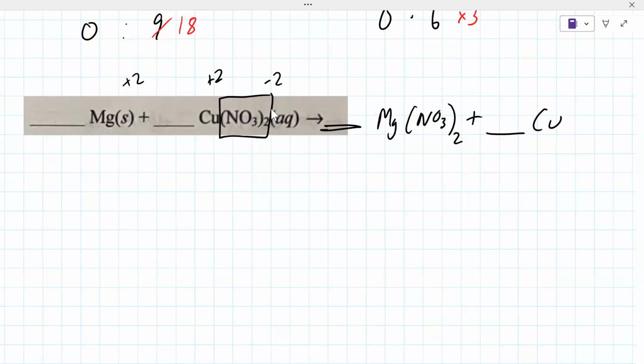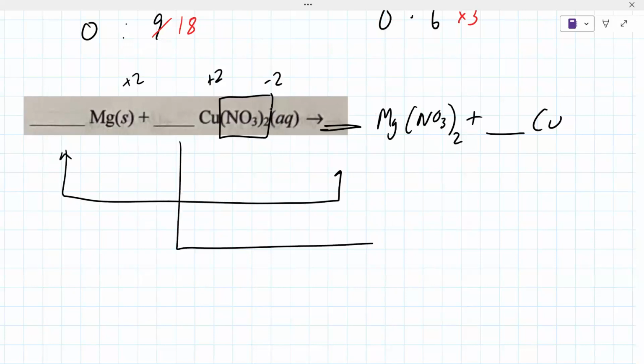You just make a table or you recognize, okay, these have to be the same, and then the copper has to be the same. These end up all being one. I don't know if you have your solutions, but they're all okay.